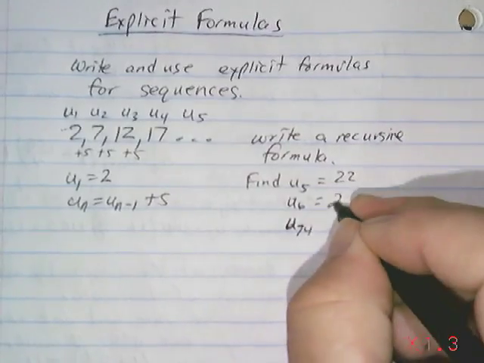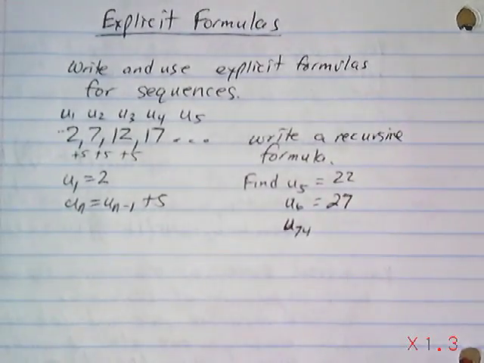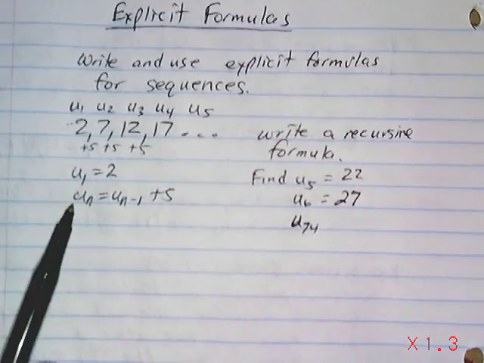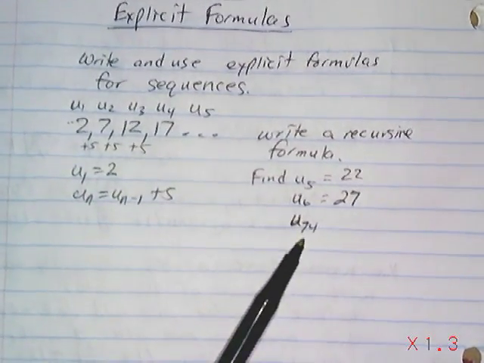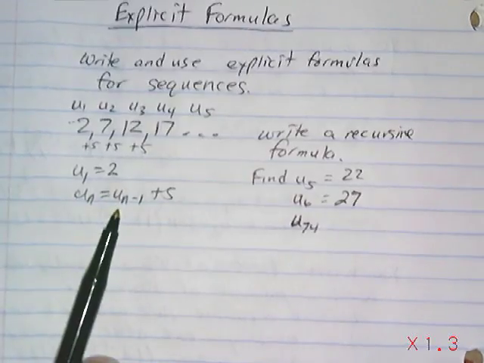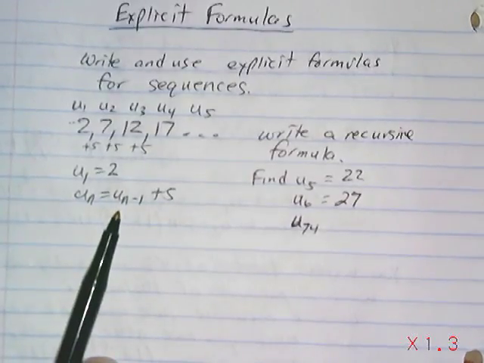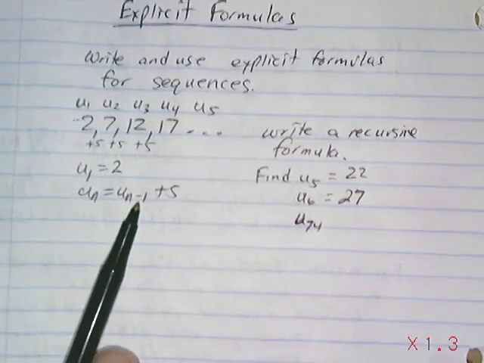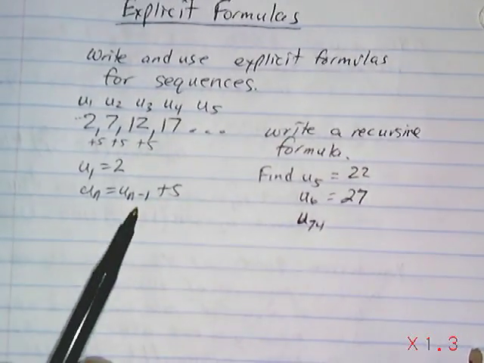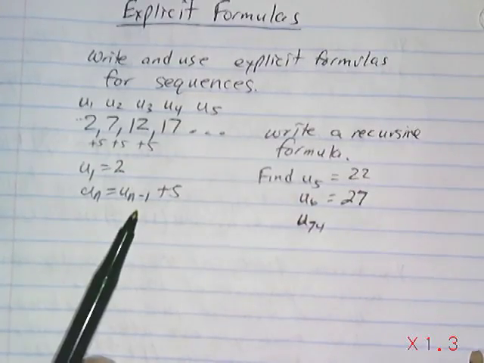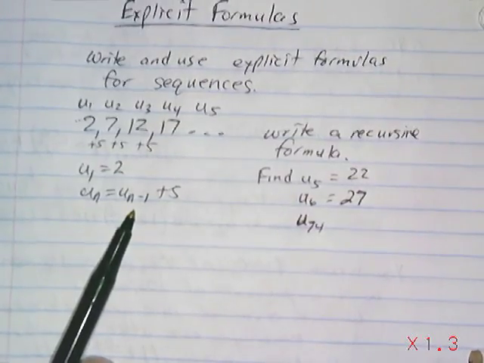To find u sub 73, I need u sub 72 plus 5, but I don't know u sub 72 either. So that would be very difficult, or at least time consuming. We could do it, but an explicit formula is going to make this a lot easier for us.